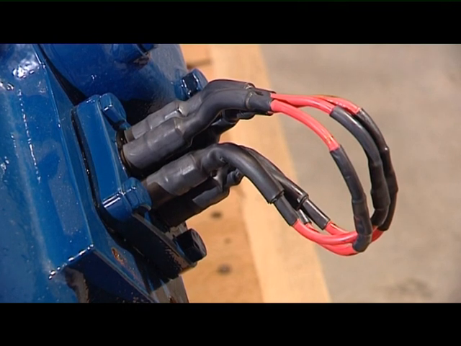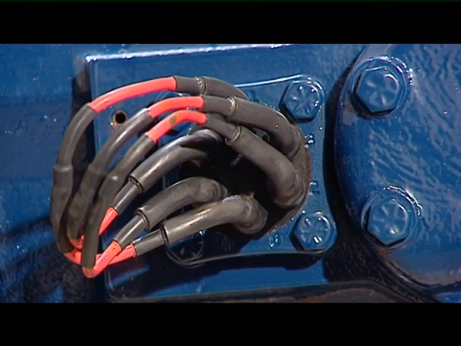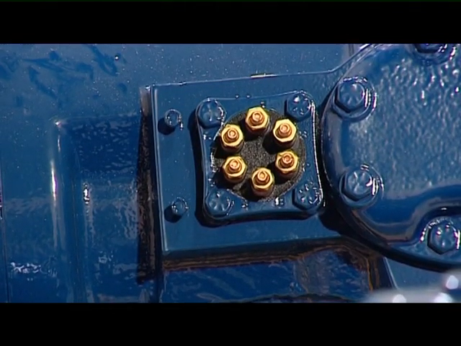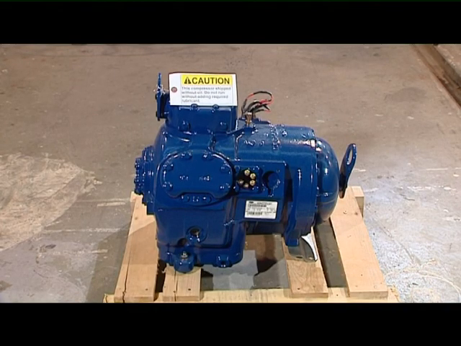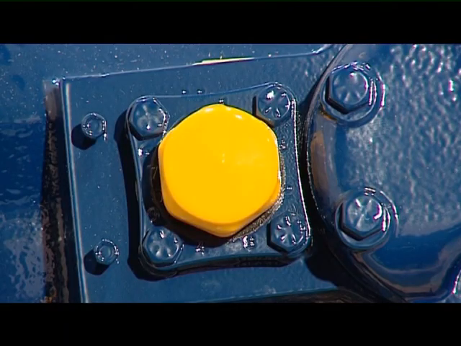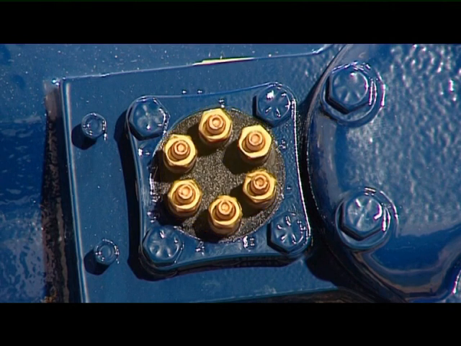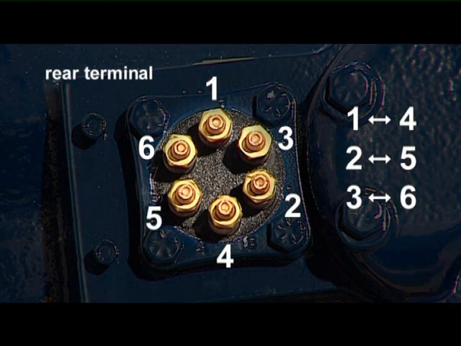for a mono-voltage compressor. If it's needed as a replacement of a dual-voltage compressor, just remove the bridge connection from the rear terminal. If the spare compressor on board has been supplied without a bridge, and it's needed as a replacement for a mono-voltage compressor, you will have to bridge the rear terminal as follows: 1 to 4, 2 to 5, 3 to 6.